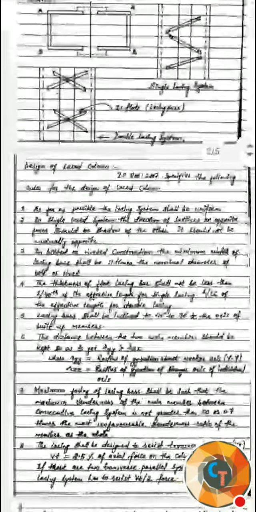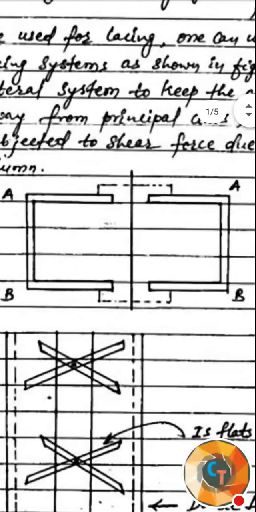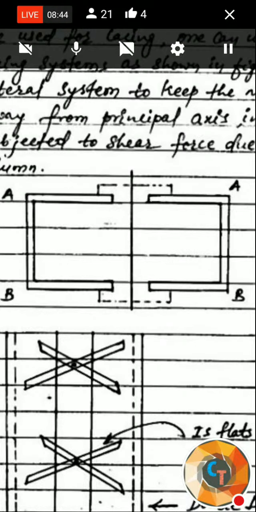Earlier, in all problems you have solved, RYY was always less than RZZ or RXX value. So you need to keep the two members, two channel sections as in this figure, apart in such a way that you must get RYY value greater than RXX.